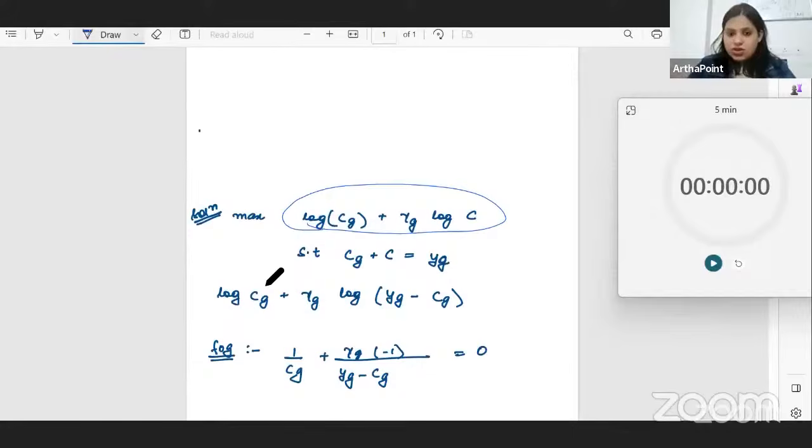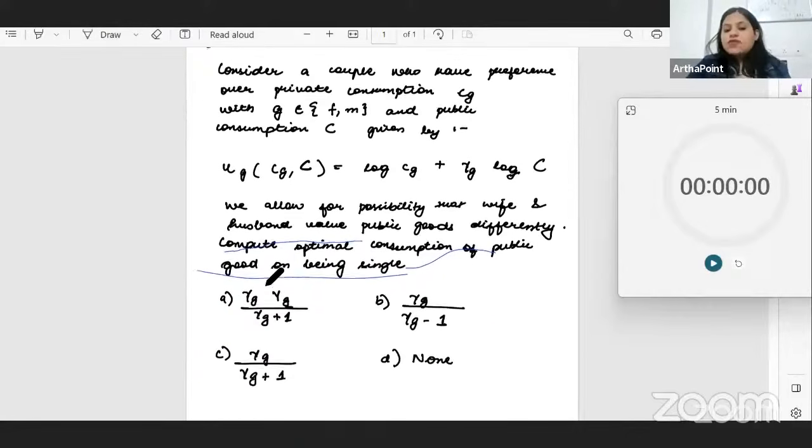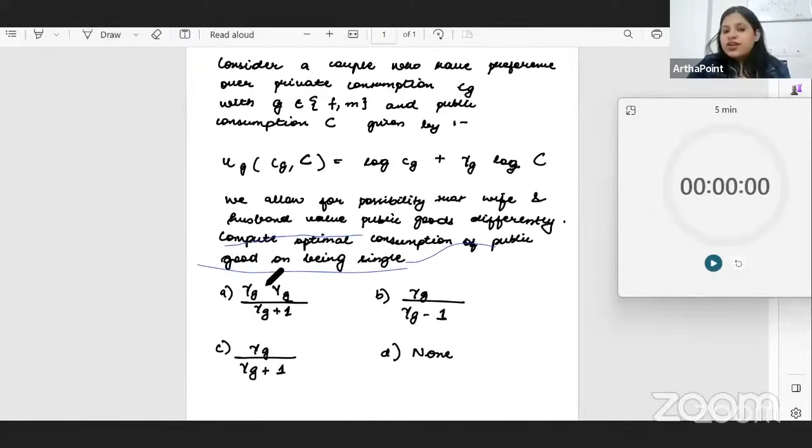My budget constraint is that whatever money I spend on the public good and whatever I spend on the private good should equal my income. That's it. It should be equal to y_G, the income of the individual. That is what I have with me, right?